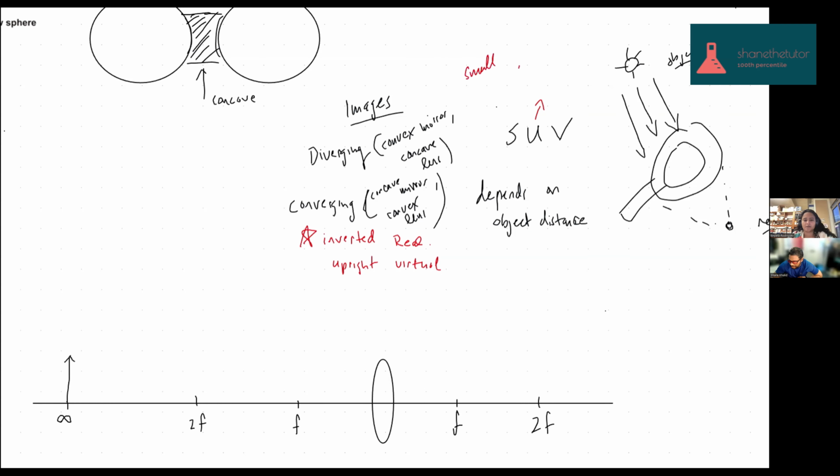I can't say uprighting, but that's just to show you that it's like a verb, because you can have something like this happen.